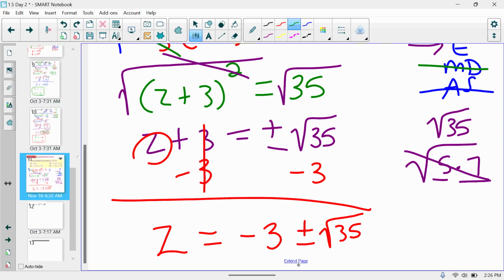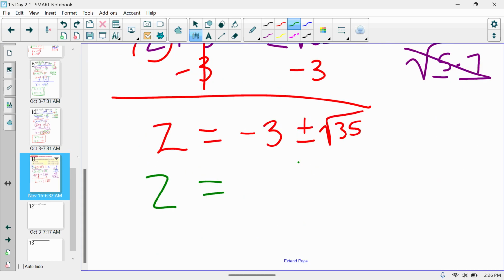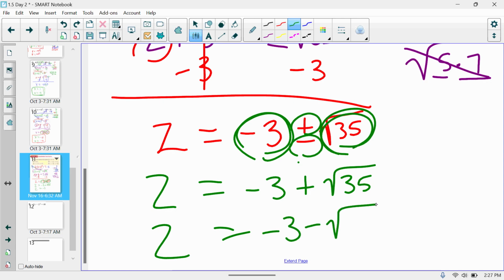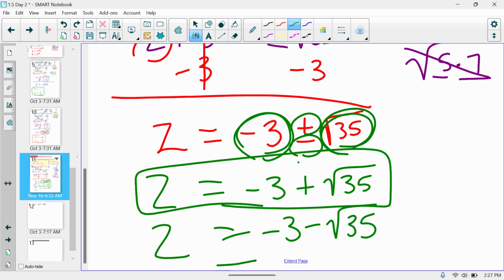Here, all you're going to do to write your two answers is just write -3 plus radical 35. You're not going to actually do it because radical 35 was an ugly decimal, and we don't want ugly decimals in our answer. And then just -3 minus radical 35. We call this leaving it in radical form because we don't want to give a gross decimal, okay?